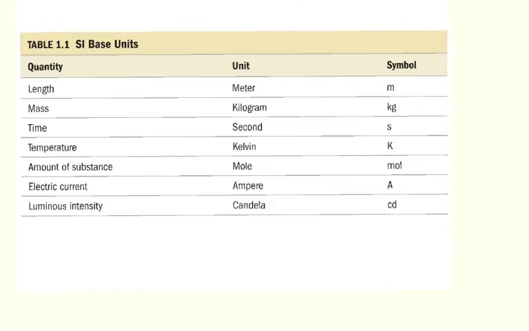So in addition to getting yourself oriented to matter, you need to get yourself oriented to solving quantitative problems. The first step for that is to understand the SI base unit. So, we use the English system. We're always going to have to convert to the SI system. Now, listen, in chemistry, we don't really use luminous intensity.